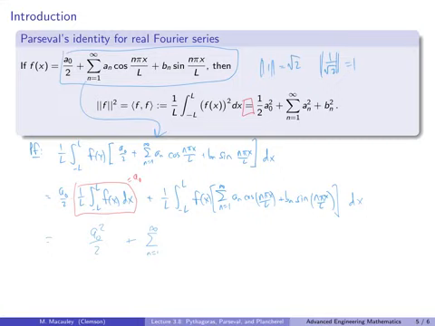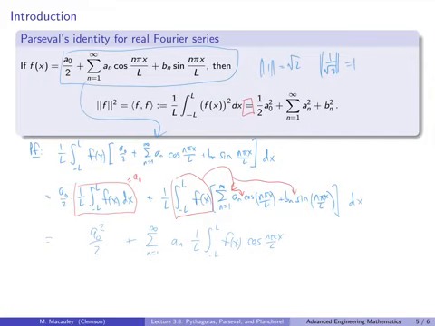Yeah, I'm going to write this as an times 1 over L times the integral from negative L to L of f of x cosine of n pi x over L. So again, I move the integral inside. I move this whole thing inside because the f of x, I can do that. So basically what we did is we took this piece and we moved it right there, and also right there.